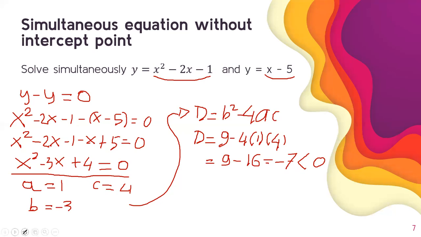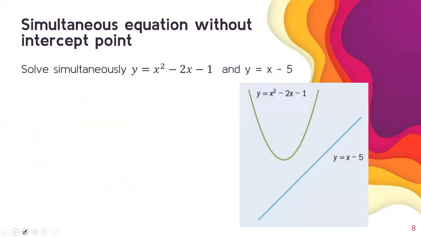Let me see the graph. If we draw this graph and this graph, these quadratic equations and these linear equations, we're going to have the positions of two graphs such as this one. The parabola is positioned here and the straight line is positioned here. So there is no intercept point.